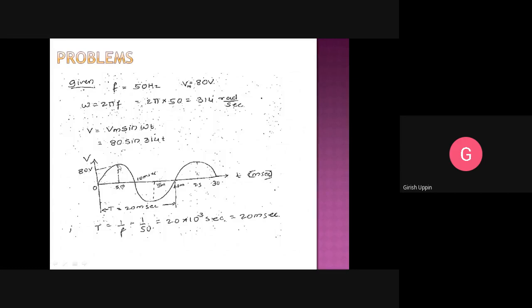So at 5 millisecond, I will have the peak value, and 3 millisecond is a little more than half of this, somewhere here. So we can assume some value here. And what is the peak value given for the current? The peak value is 141.4. So it should be a little bit closer to that value.